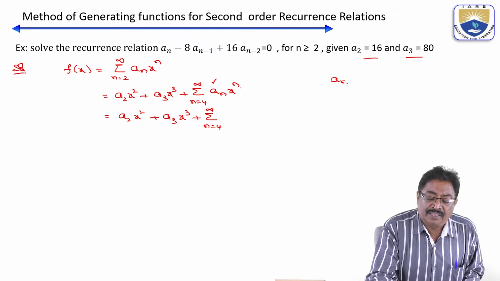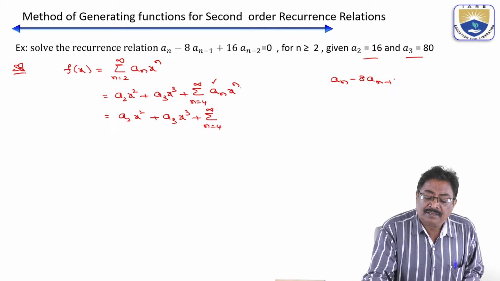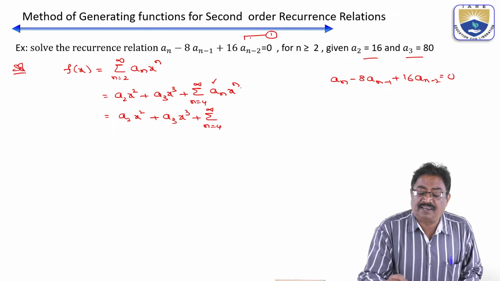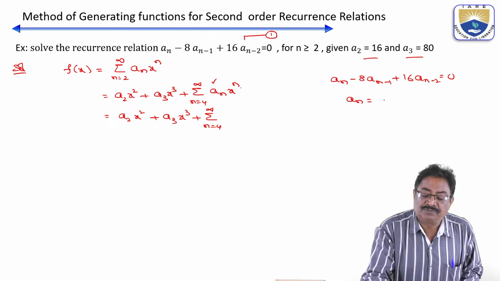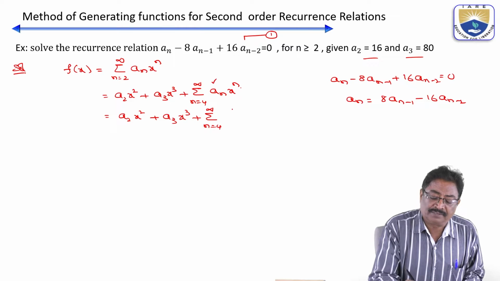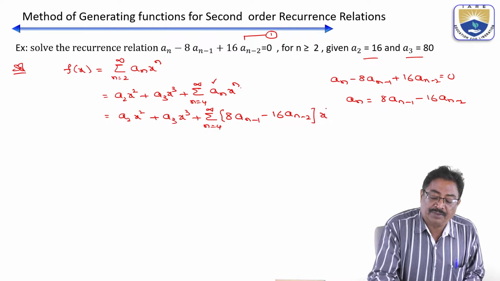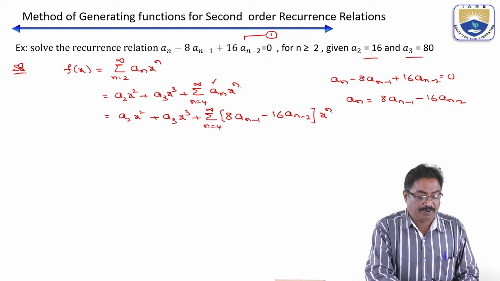What is given is a n minus 8 a n minus 1 plus 16 a n minus 2 equals 0. This is the given recurrence relation. Now a n is equal to 8 a n minus 1 minus 16 a n minus 2, and I am going to substitute that here, into x power n.